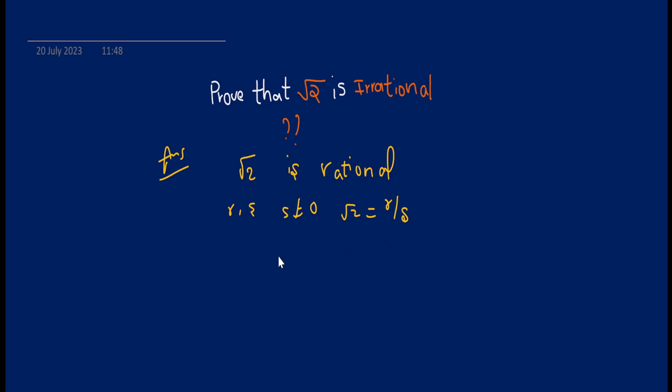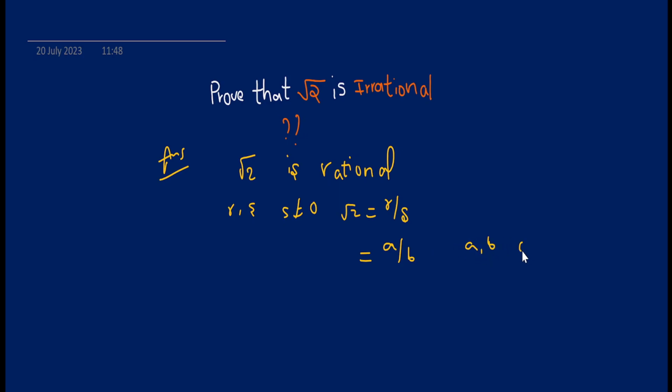Let's assume that r and s have some common factors, and after dividing both r, s by their common factors, we get a by b, where a and b don't have any common factor.